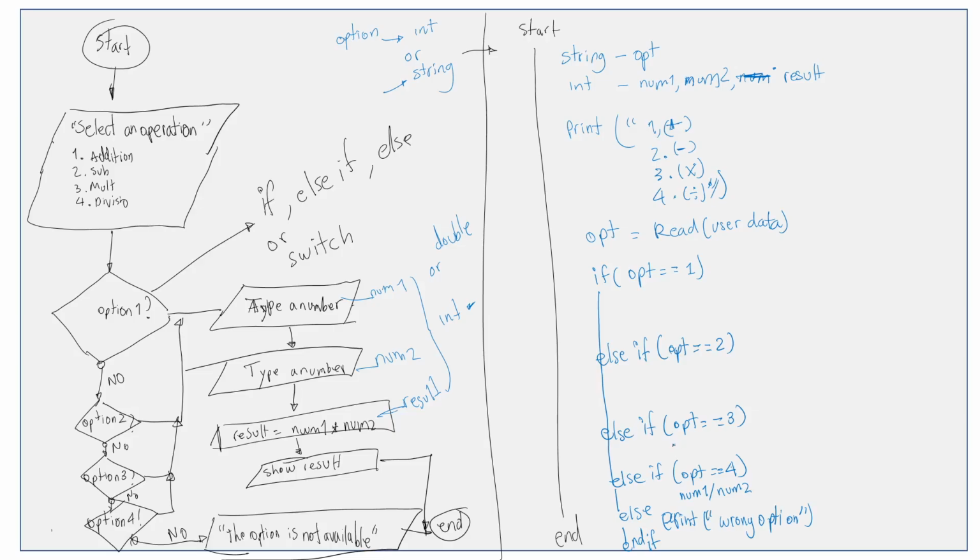Here we use multiplication, number 1 multiply by number 2, and here we type number 1 minus number 2. Here number 1 plus number 2, and all these should be saved in result.